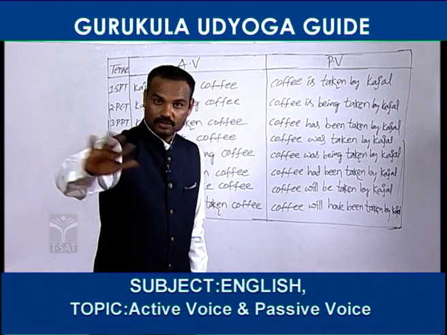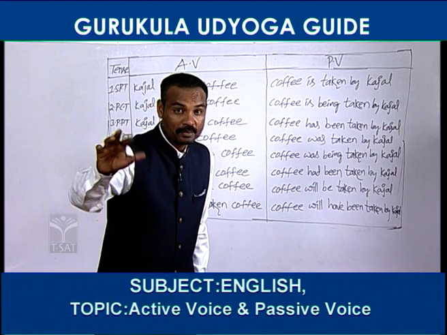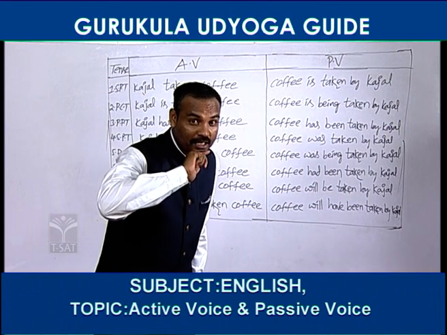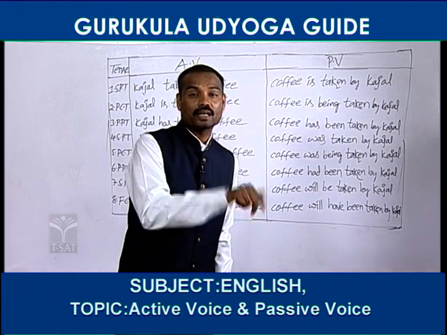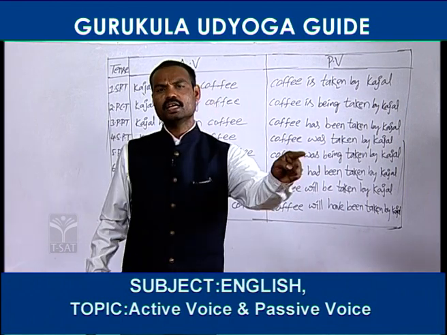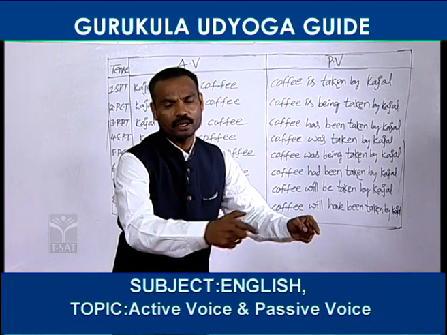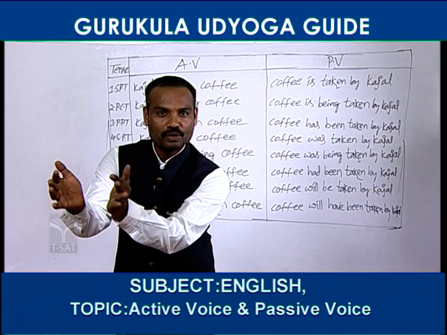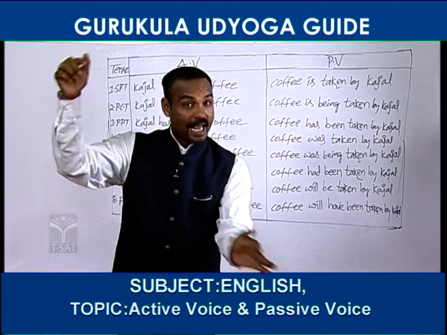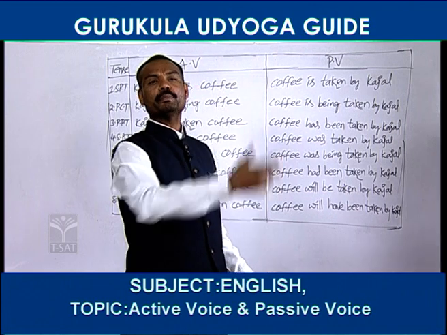Some cell phones had been. Yes. In the previous example, Santosh had completed PhD. PhD, singular object. PhD had been completed. Now in this sentence, Prabhakar had broken some cell phones. Some cell phones plural, no? Some cell phones had been broken by Prabhakar.